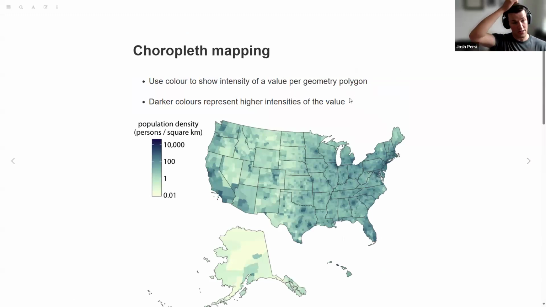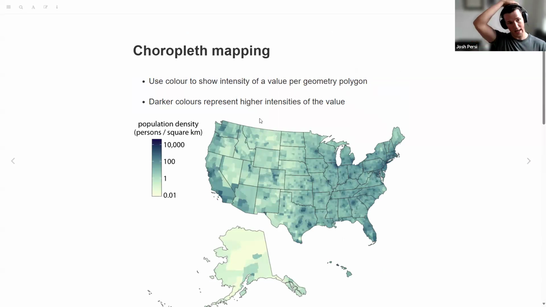And then he talks about choropleth mapping. Choropleth maps, they are commonly used to show a value as a density relative to a certain polygon geometry. Here, I think this is counties of the US, and he's showing the population density.